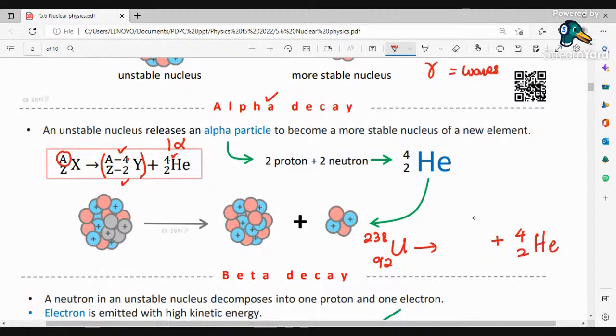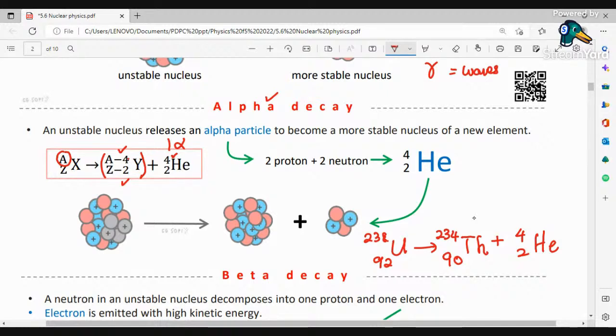The new element produced become 238 minus 4. It become 234. And then the proton number 92 minus 2, 90. So we can check the periodic table. Which element with nuclear number 234, proton number 90. So this one actually is thorium. So you can see new element produced. So this one is example of alpha decay.